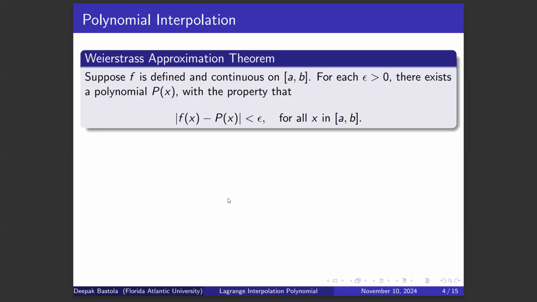Weierstrass derived and proved this theorem, saying that there exists a polynomial which can approximate any function. If you are interested in seeing the proof of how a polynomial can approximate any continuous function, there are real analysis courses you can go through, like Bartle and many writers have written a very good proof of it.